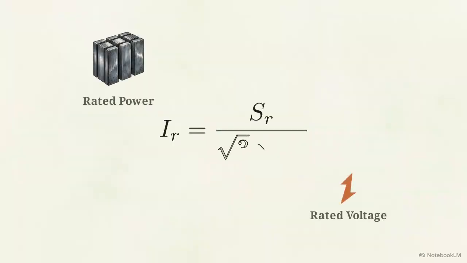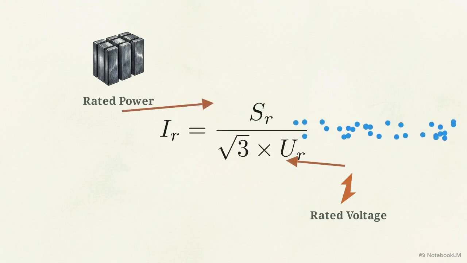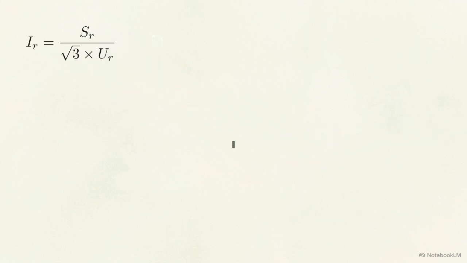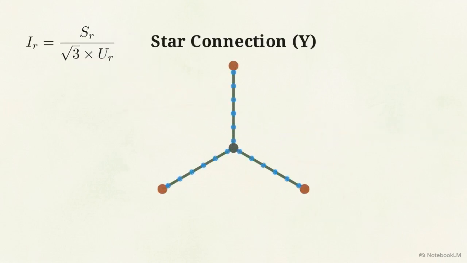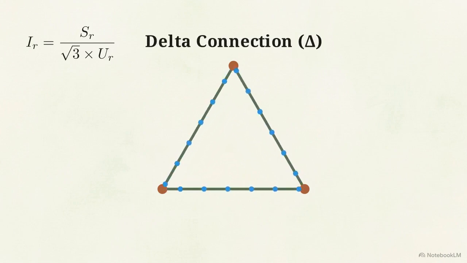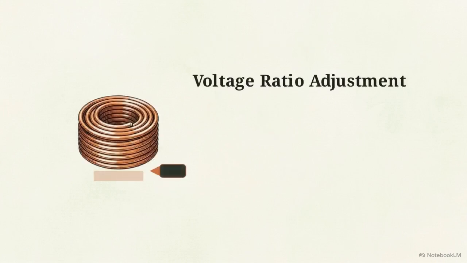This is the standardized mathematical breakdown for a three-phase system. Rated current equals rated power divided by the square root of 3 times the rated voltage. The square root of 3 in the denominator is used to calculate phase-to-phase voltage for star-connected networks. For delta-connected single-phase banks, the line current itself is divided by the square root of 3. The math accommodates tapped windings, where operators can mechanically change the effective number of turns in steps to adjust the voltage ratio.